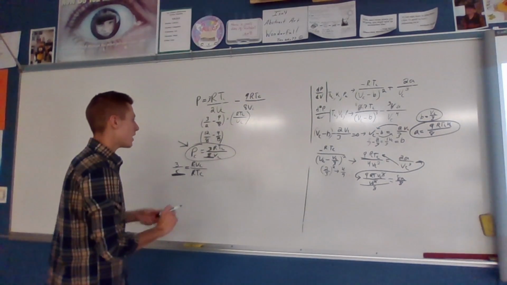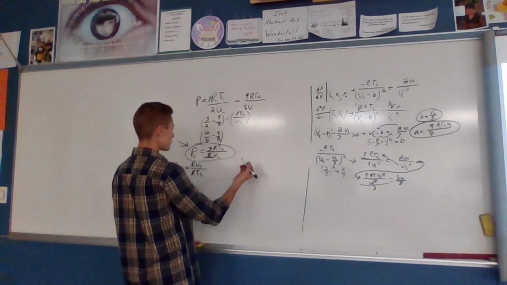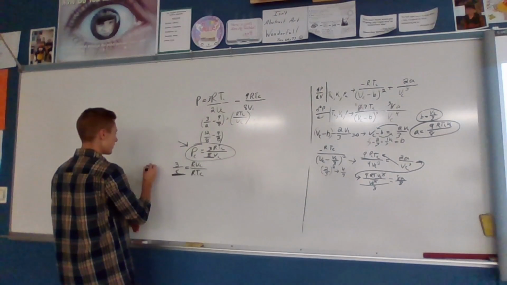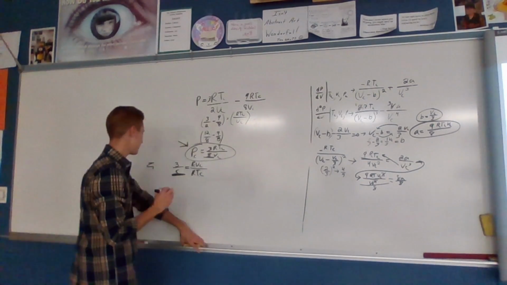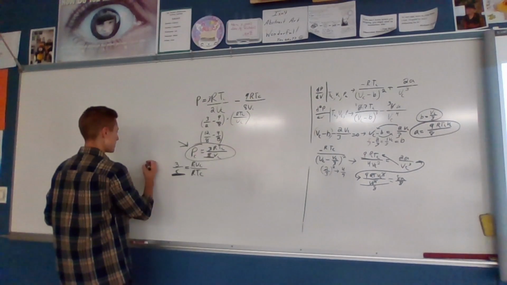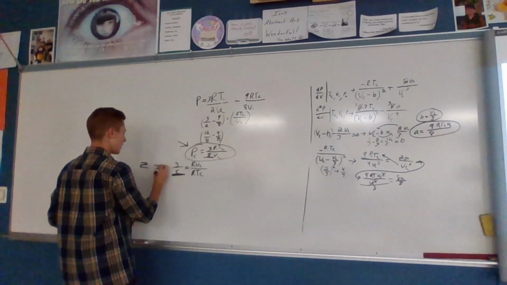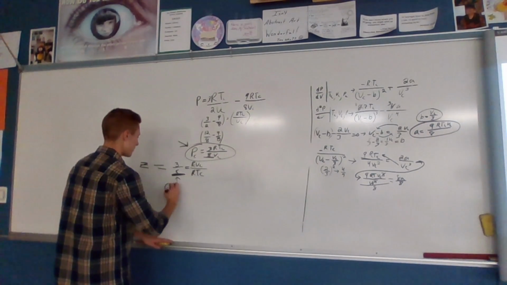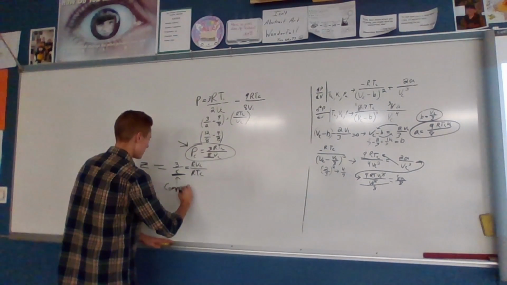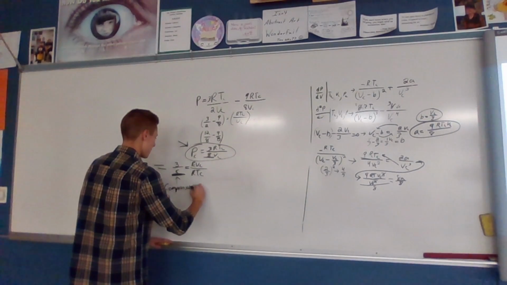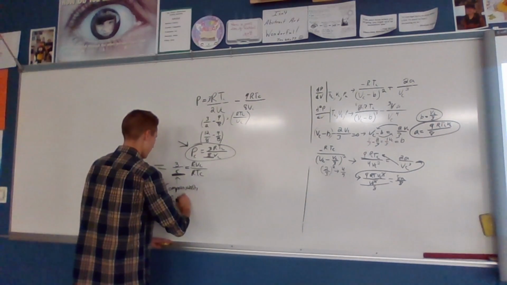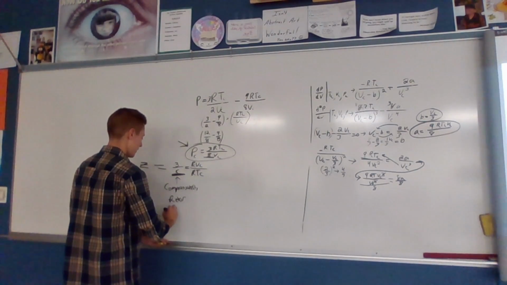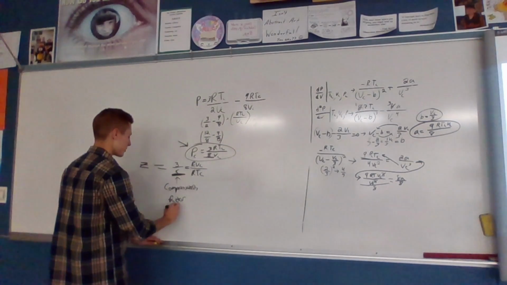Now, for ideal gases, your compressibility factor is going to be equal to 1. And this is summed up by the universal symbol Z, which stands for compressibility factor. So Z equals 8/3, our compressibility factor, for van der Waals equations only.